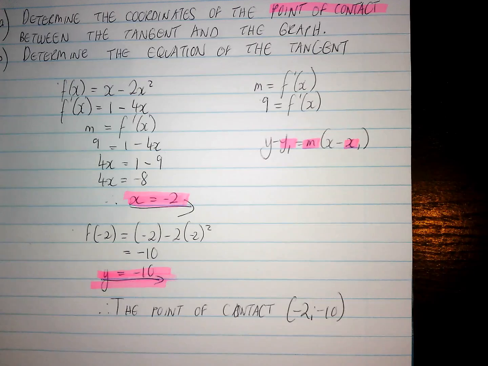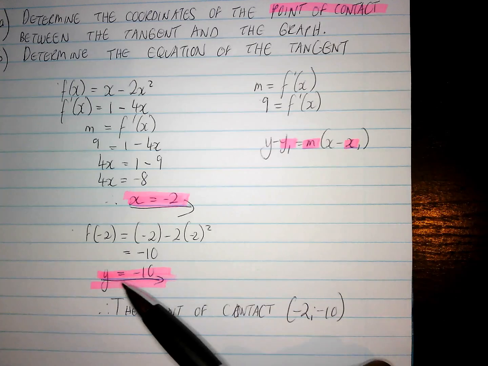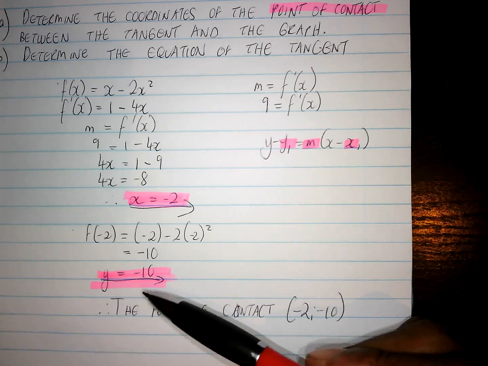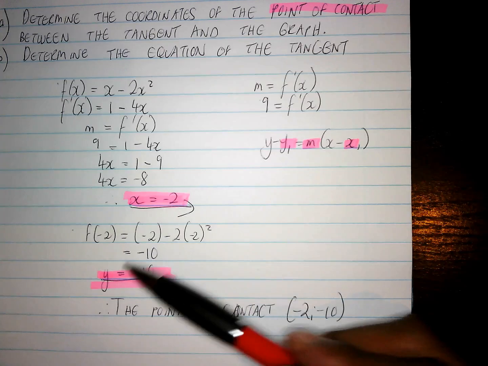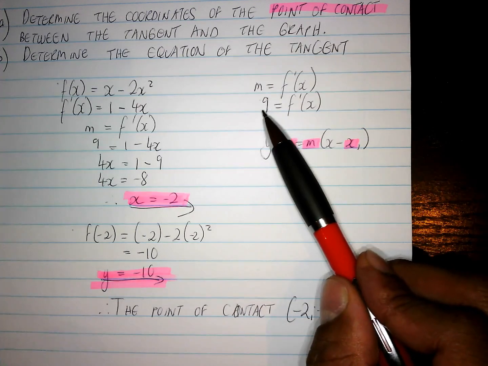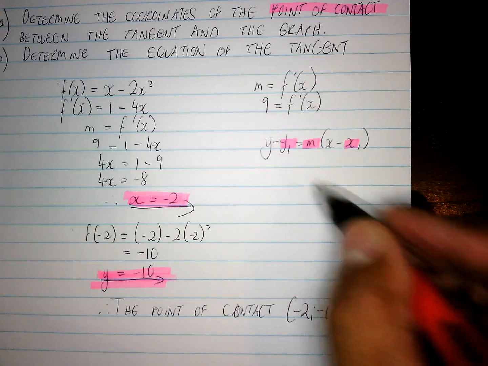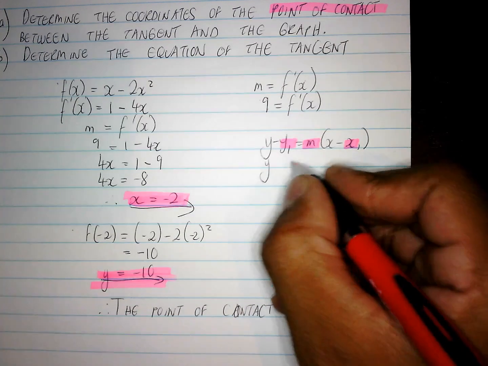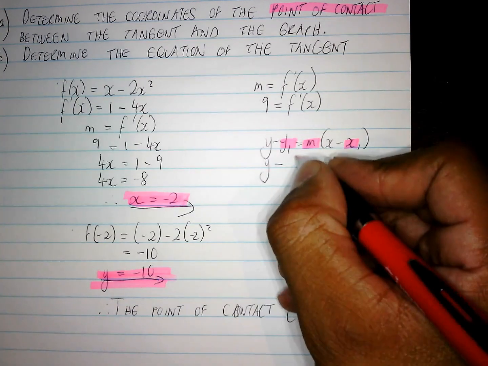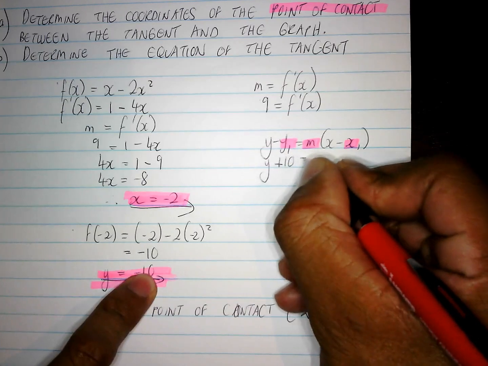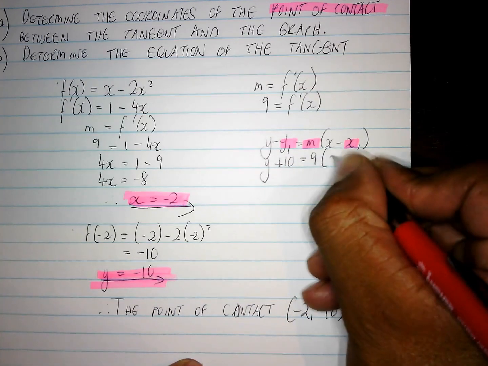Then part 2 says determine the equation of the tangent. Now that we have determined the values of x and y, and we have the gradient of the tangent, which is 9, we can substitute. So y minus minus 10, so it's going to be positive 10. Gradient is 9. x minus minus 2, so it's going to be positive 2.